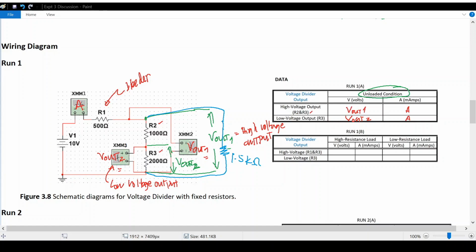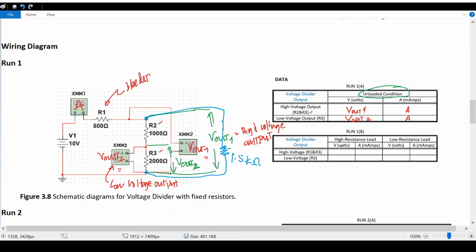Okay, 1.5 kilo ohm. So a 1.5 kilo ohm is put across the series R2 and R3, and that is a high resistance load. Then observe the reading of the voltmeter.